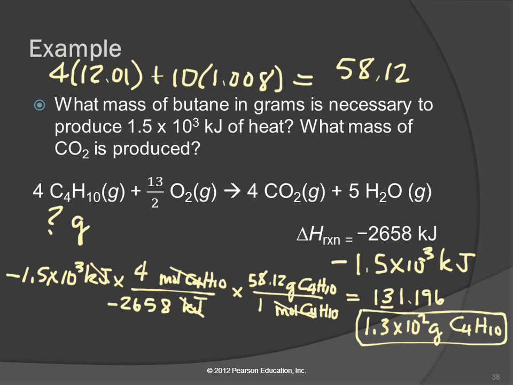But let's do it the energy way. If I want to find out how much carbon dioxide is produced when 1.5 times 10 to the third kilojoules of heat is given off, again, I'm starting with negative 1.5 times 10 to the third kilojoules. But now I'm going to go to moles of CO2.